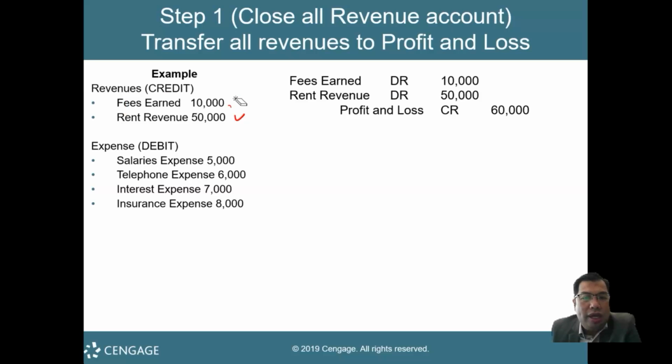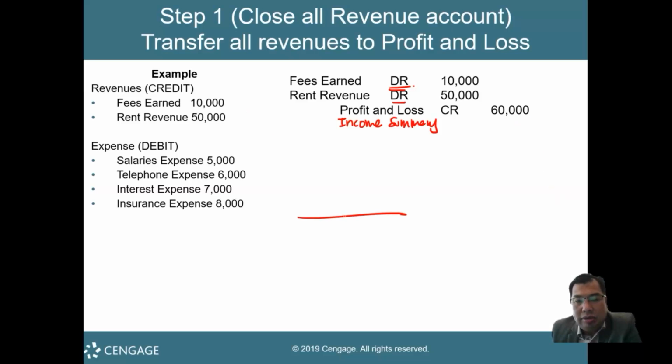So for fees revenue, I'm going to debit the account, and for rent revenue, I'm going to debit the account by 50,000. Then transfer it to income summary or profit and loss. You can use profit and loss, or some textbooks use income summary. It's the same. Income summary, credit by 60,000.